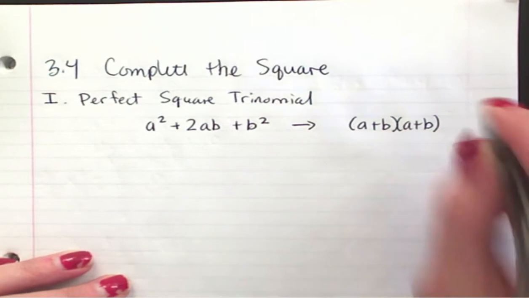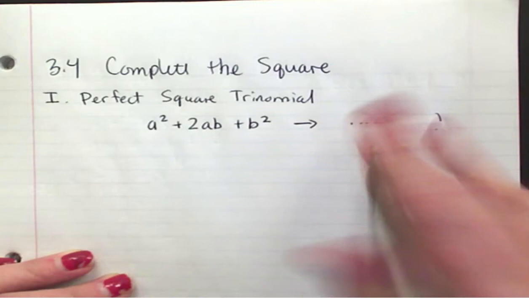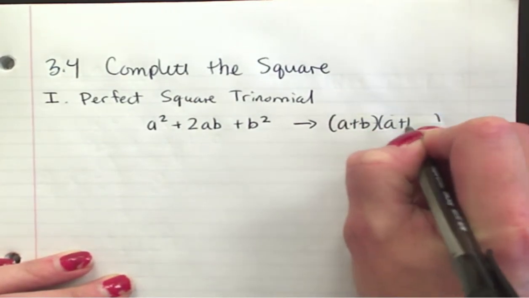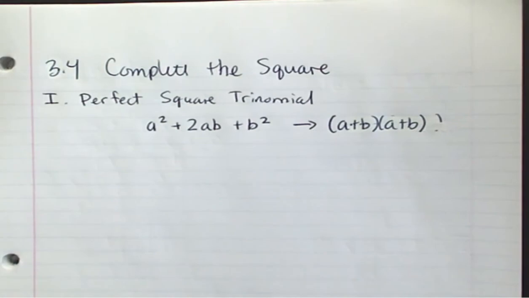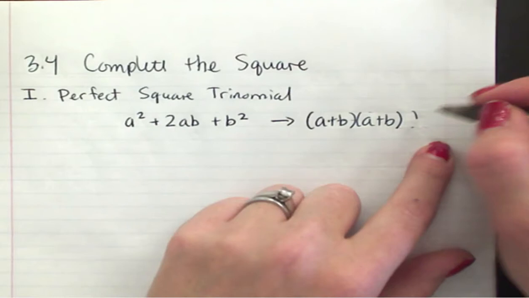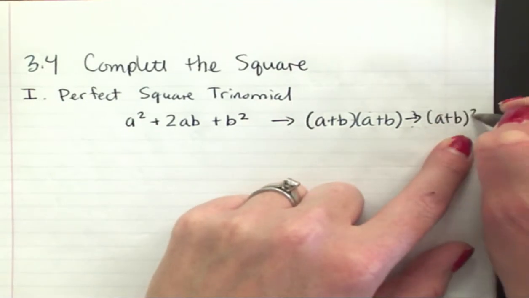Okay? And our pattern tells me that it factors a repeated factor. Now, me writing it like that helps me check the foiling, but really, it's this.